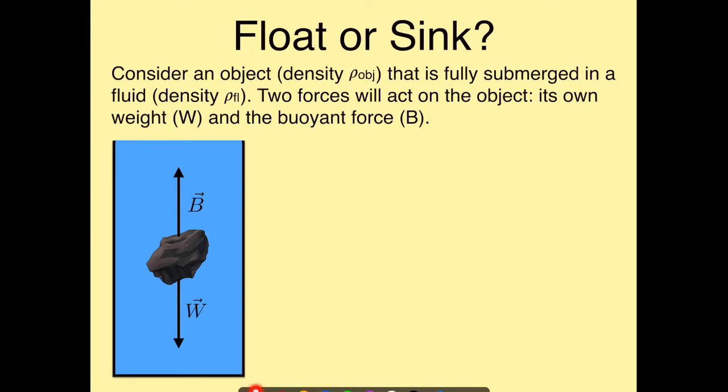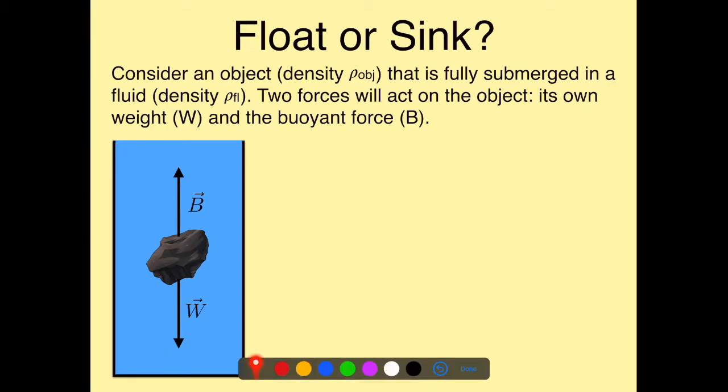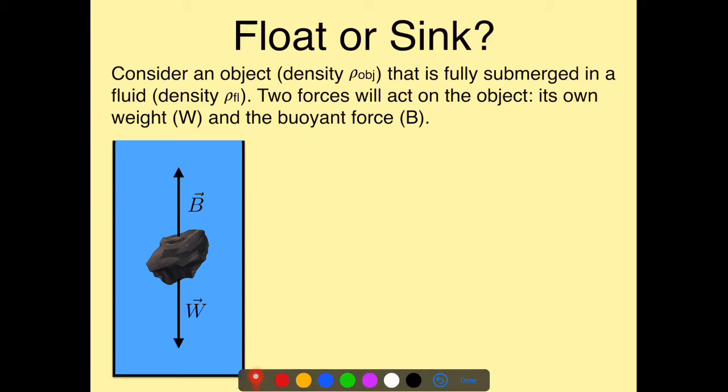We'll have, of course, the force of gravity pulling it down, or the weight, and the buoyant force pushing it up. Now, these two forces go in opposite directions, so depending on which one is bigger, the object might have an overall downward force that would cause it to sink, or it might have an overall upward force that would cause it to float to the top.